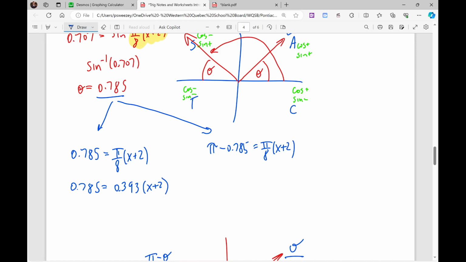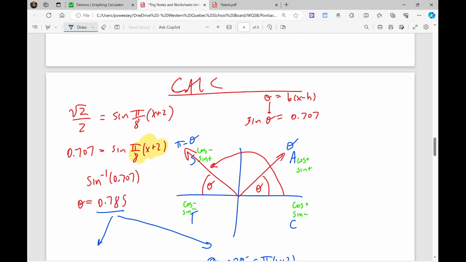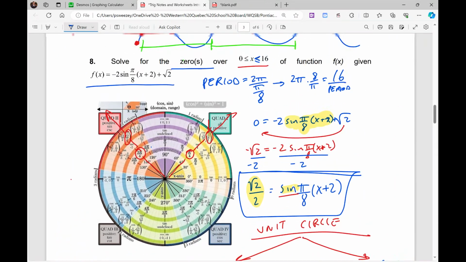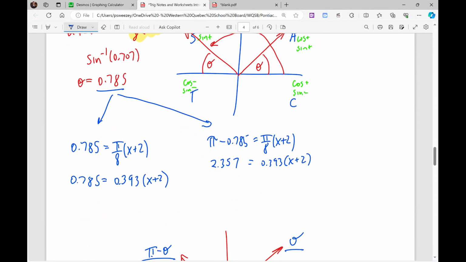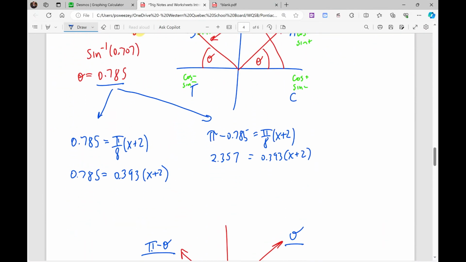And on this side, 3.1415 minus 0.785 gives me something along the lines of 2.357 is equal to 0.393 x plus 2. Let me just double check again. Was it x plus 2 or x minus 2? It is x plus 2. Oof, I always get worried about things like that.